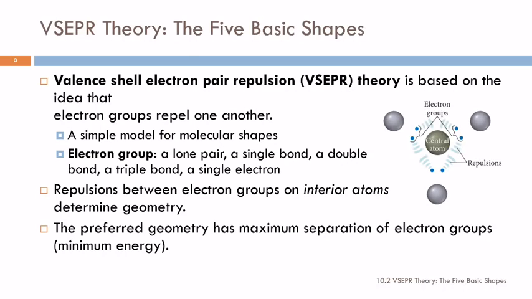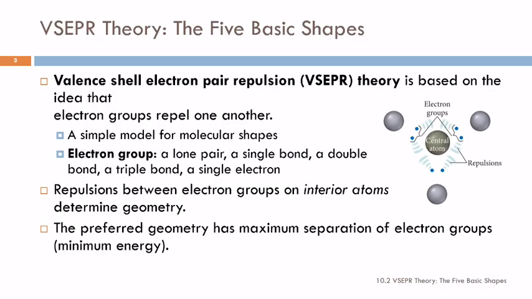The preferred geometry is going to have the maximum separation of electron groups. That will have the minimum energy. Because when you have 2 things that are repelling each other and you force them closer together, that's a higher potential energy situation. Lowest potential energy is where they're as far away from each other as they can get.